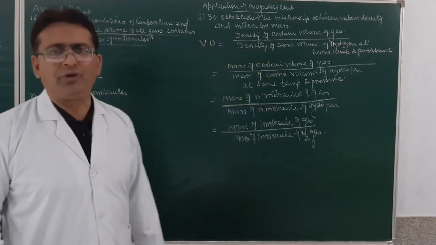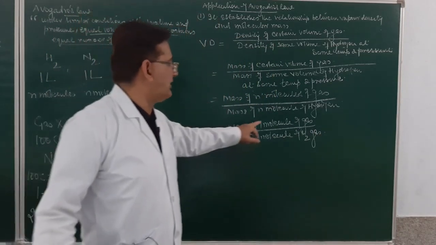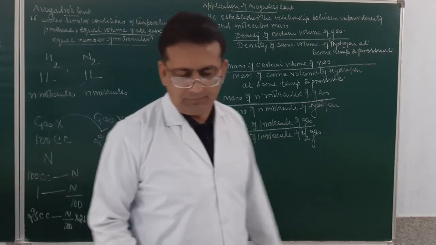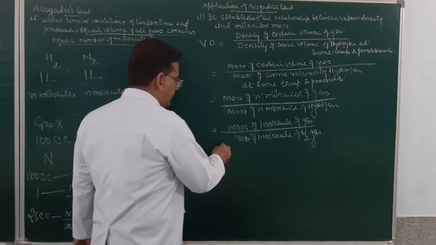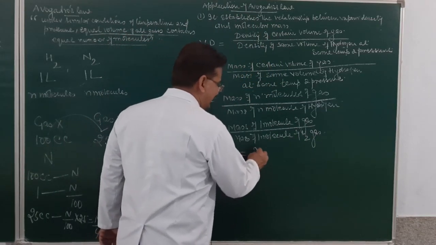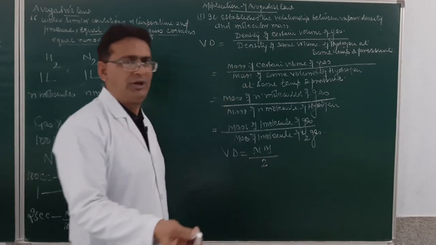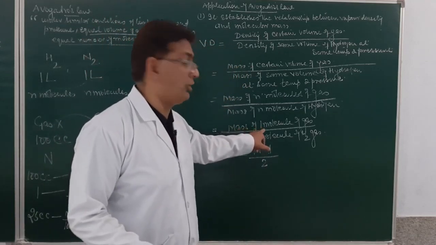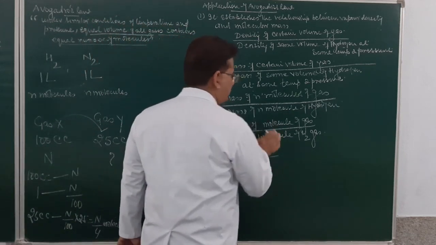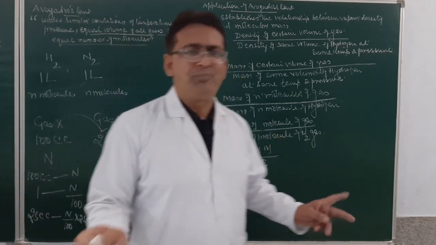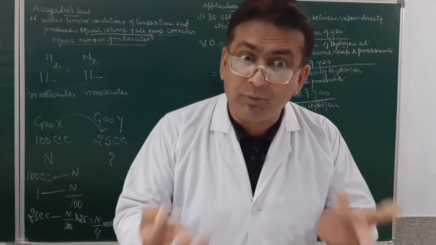The mass of one molecule of hydrogen gas is approximately 2. So the formula will be vapor density equal to the mass of 1 gram molecule of a gas to the mass of 1 gram molecule of hydrogen gas. Please do not write the mass of 1 molecule of a gas in atomic mass unit.